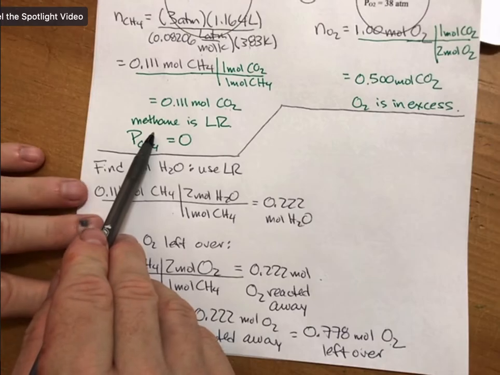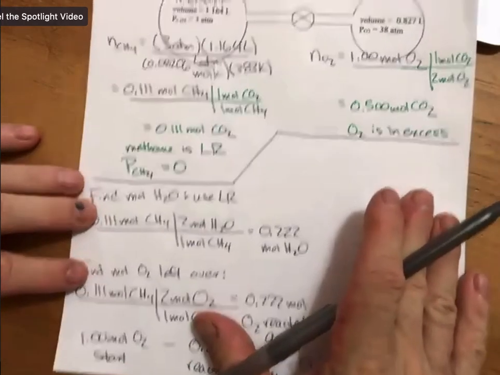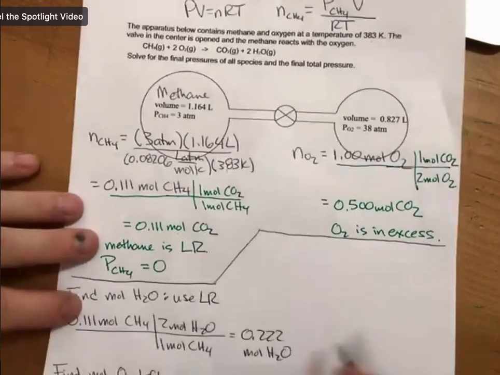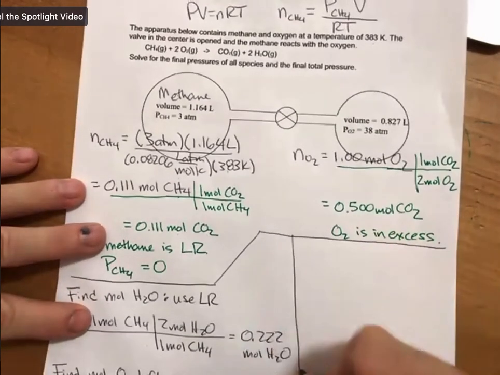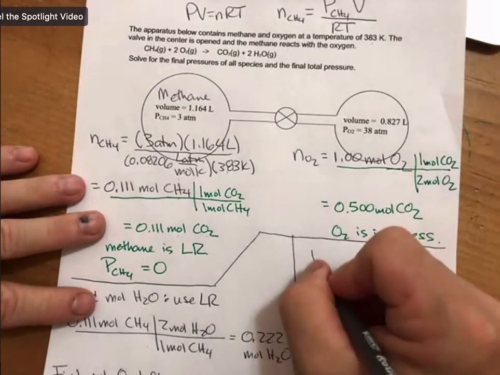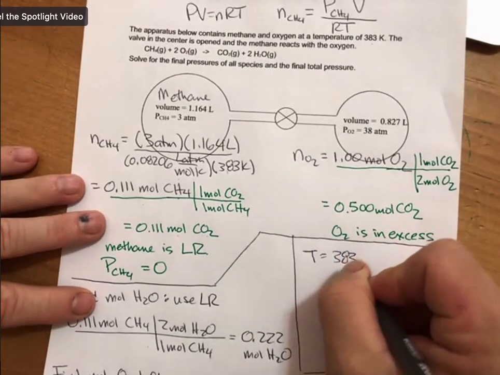We also know a couple other things, and I'm going to have to go to a second piece of paper, so let me note these right here. So we know all our moles of products. We know that our temperature is 383 Kelvin.